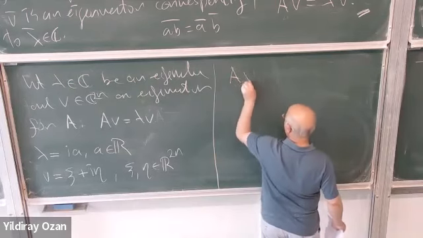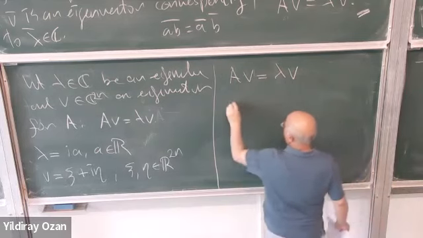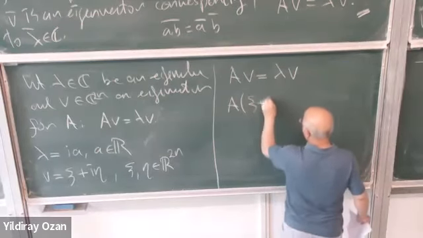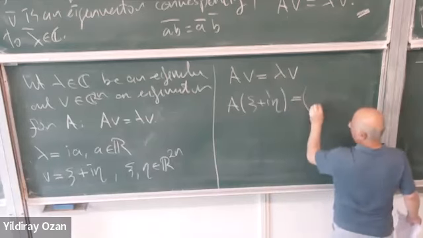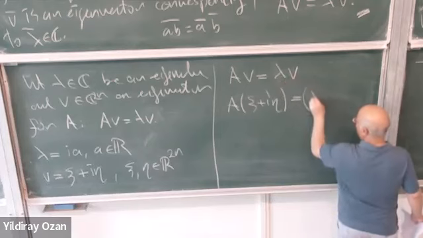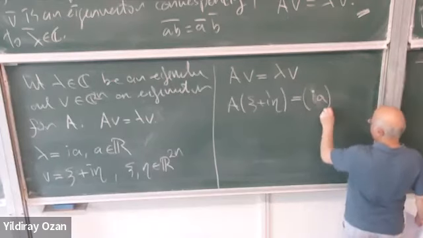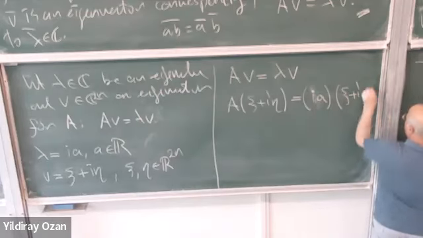A times B is just lambda times B. A times B is just A times C plus i times mu. And this is just i times a, and then times C plus i mu.